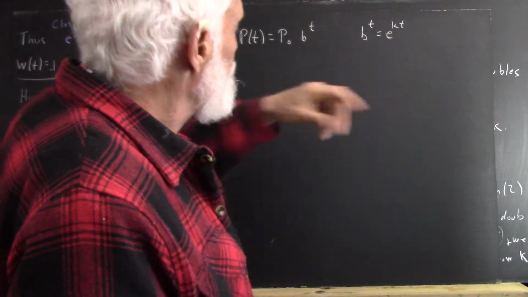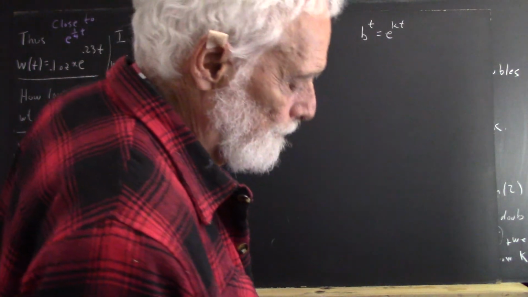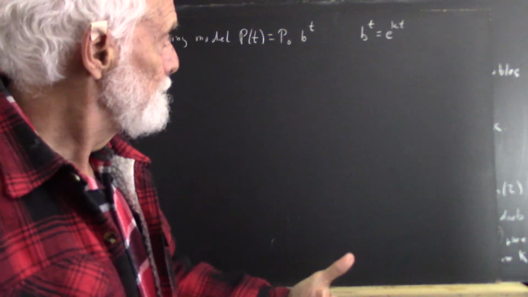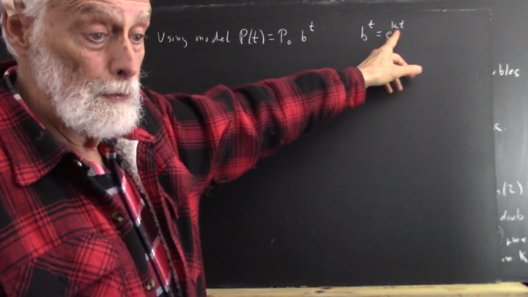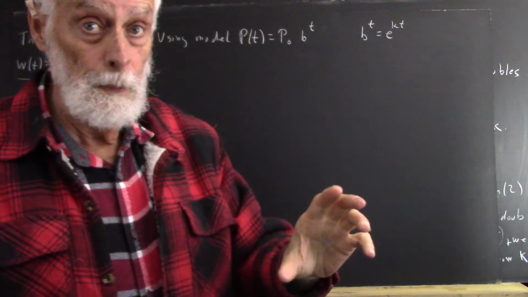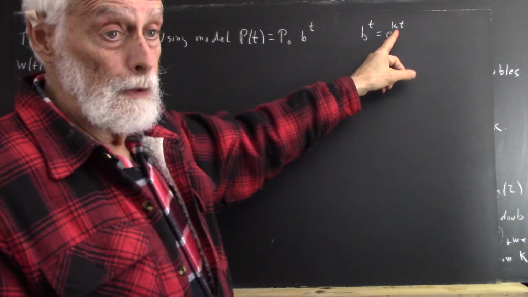And remember, we use e to the kt if we want to think in terms of continuous compounding. k would be the growth rate. That would be like our interest rate. If we're continuously compounding at 4%, then k would be 0.04.